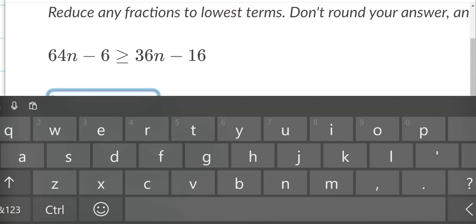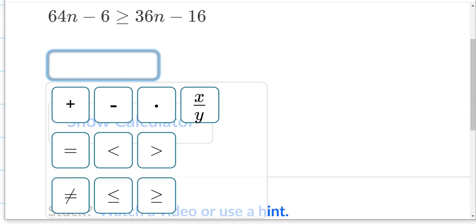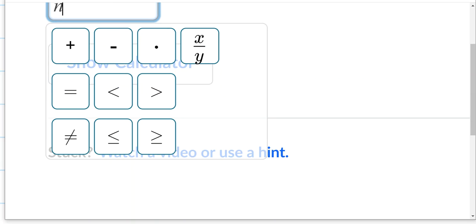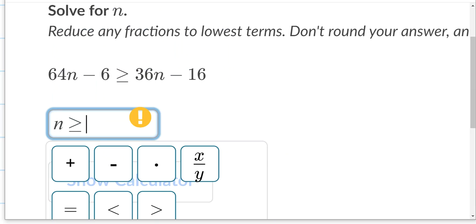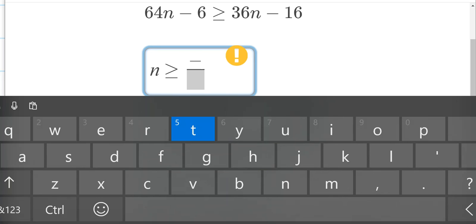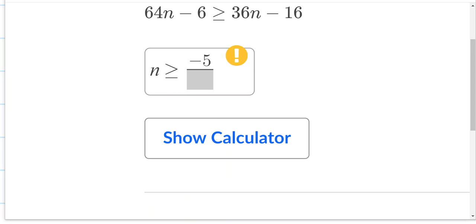Now I'm using a tablet computer here, so I have a keyboard that pops up on the screen. I'm not sure if you can see that, but I'm going to type n, and I'll use the buttons on the Khan website to give me the greater than or equal to and the fraction value. We want negative 5 over 14.